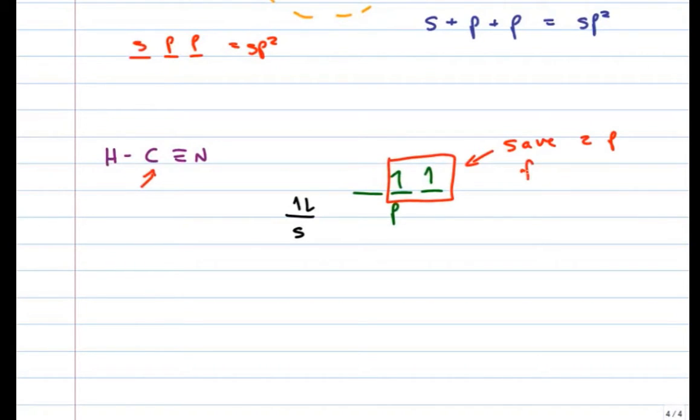Save 2p for 2 pi. That means that if I were to fuse the remaining orbitals, if I take s and elevate it, and then fuse it with that empty p orbital, now we only have 1 s and 1 p for an sp hybrid. 1, 2, sp.